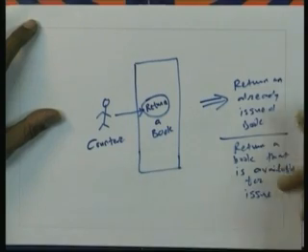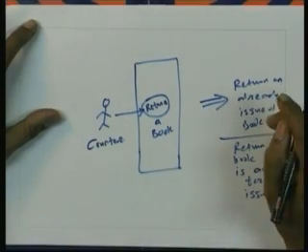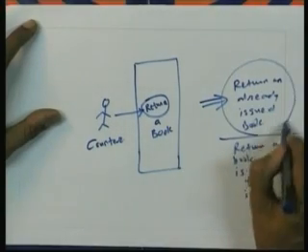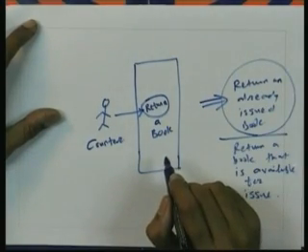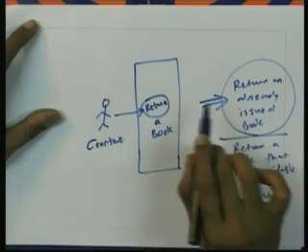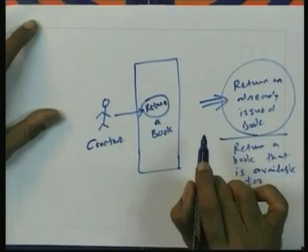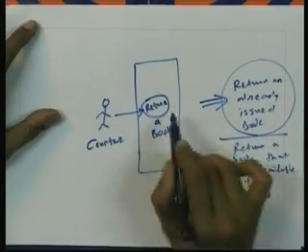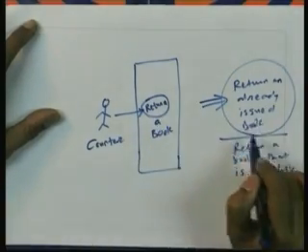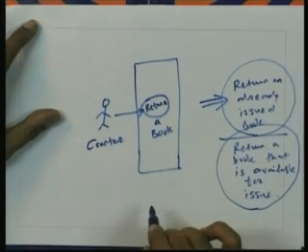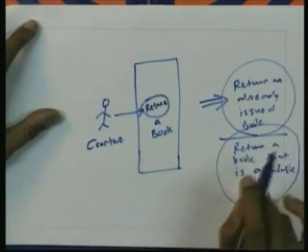That means in both these cases you are going to expect some behavior. What is the expected behavior? In case 1, when you return the already issued book, the state of the book should change from issued to available, and if the book was already available then it remains available.